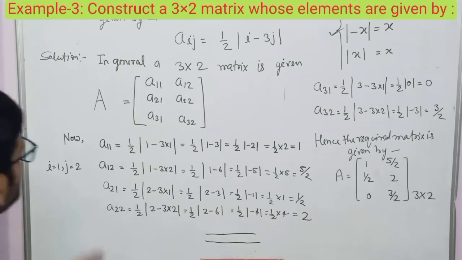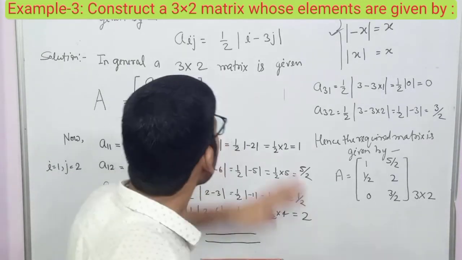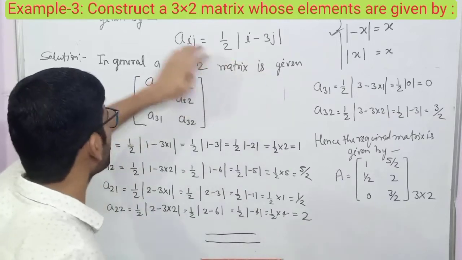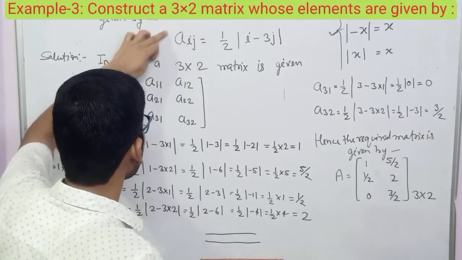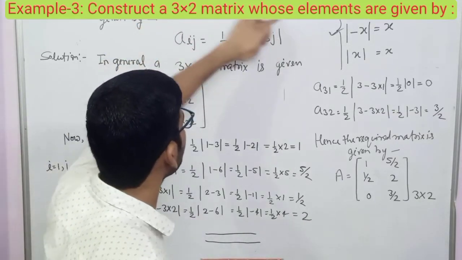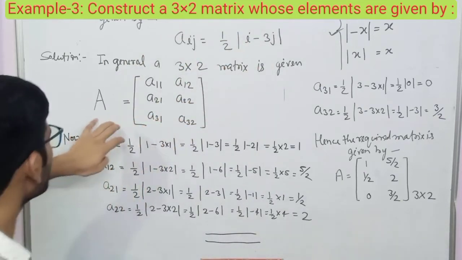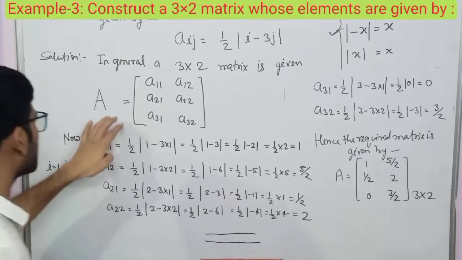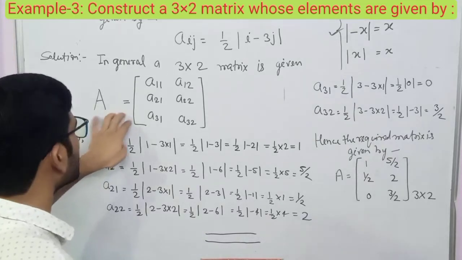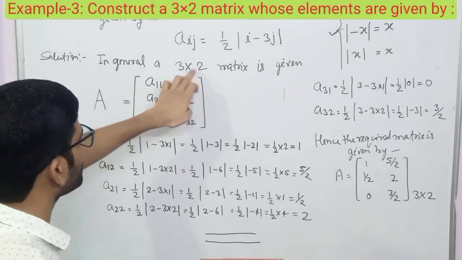Okay, so in your exam, in the question, the values of i and j may change. You can write another expression, and you can find it in general. First you learn the general representation of a matrix, that means 3 cross 2.